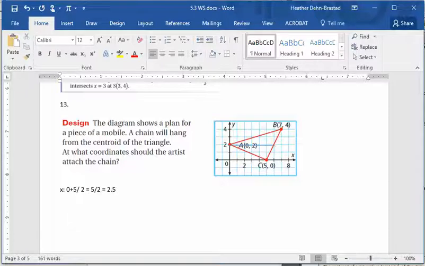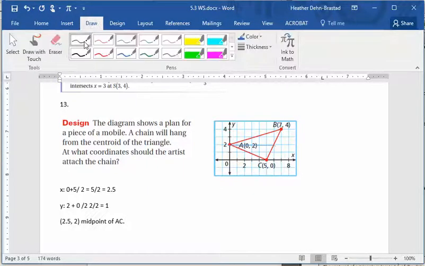The y-coordinate of the midpoint would be found by taking the y-coordinates, which is 2 for A and 0 for C, and then we divide that by 2. So that's equal to 2 divided by 2, which is 1. So the coordinate of the midpoint of AC would be 2.5, 1.